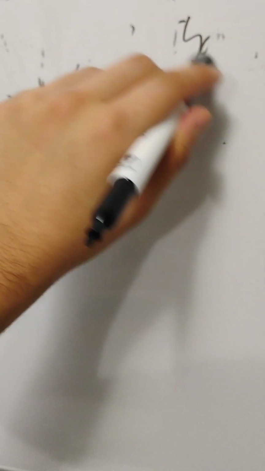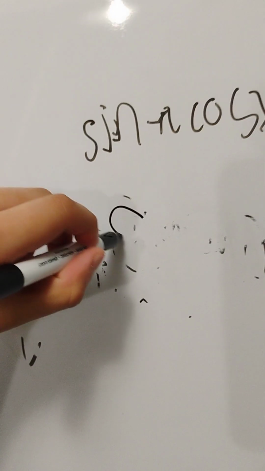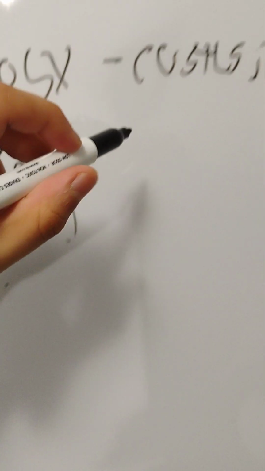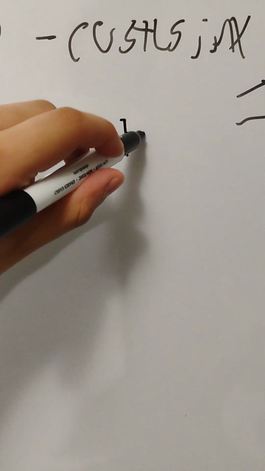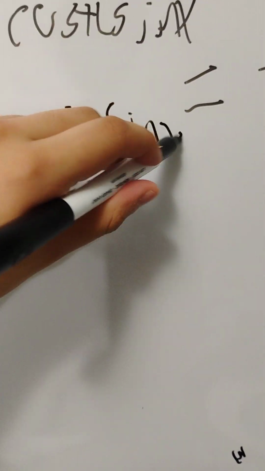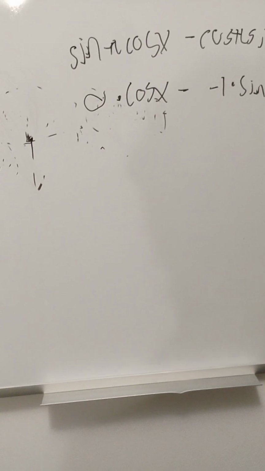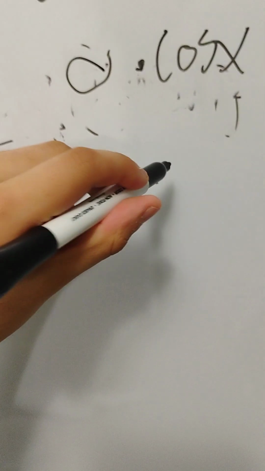Okay, so now let's focus here. Since sine pi is equal to 0, we have 0 multiplied by cosine x minus cosine pi, so minus 1 multiplied by sine x equals negative 1/2. We know that 0 times any number, even a variable, is always equal to 0.